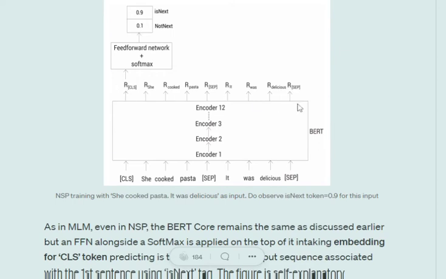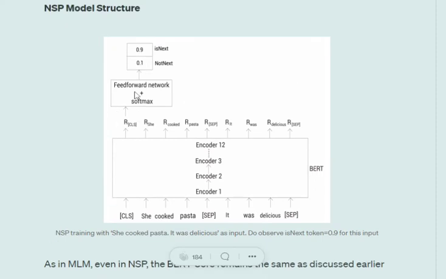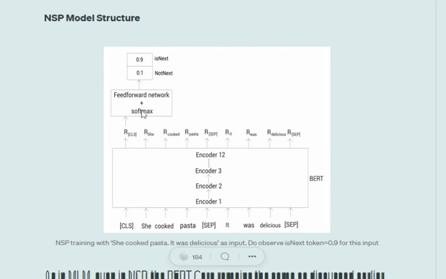After that, once we get the attention vector for each of the input tokens, we would be taking the embedding for the first token, that is the CLS token, and applying a softmax plus feed forward network to get the binary classification of whether the second sentence is not next or is next. As you can see, the probability for is next is 0.9, hence she cooked pasta, it was delicious. So it was delicious was associated with the first sentence.